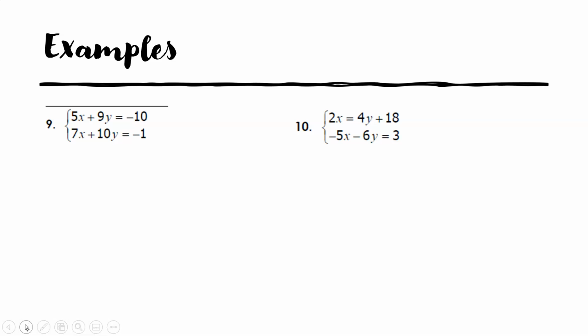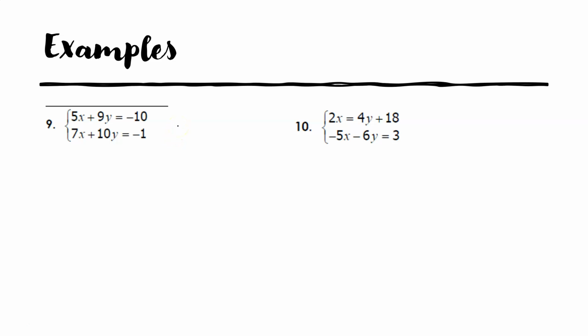This is number 9, so we're skipping. So these you actually have to multiply both of the equations to get to something. So you could either multiply the top one by 7, the bottom one by 5, or you could multiply by 10, multiply by 9. I'm going to try to keep the numbers smaller.